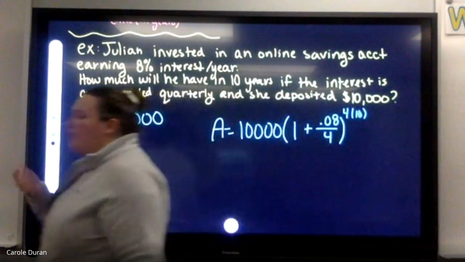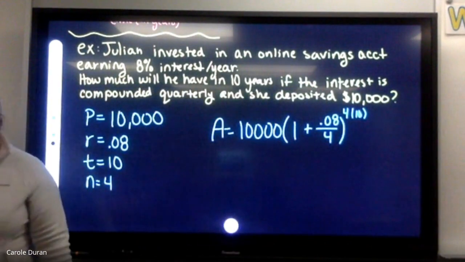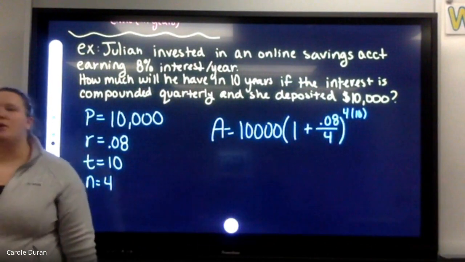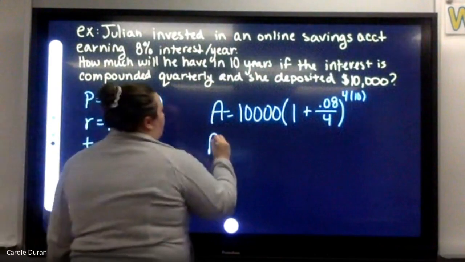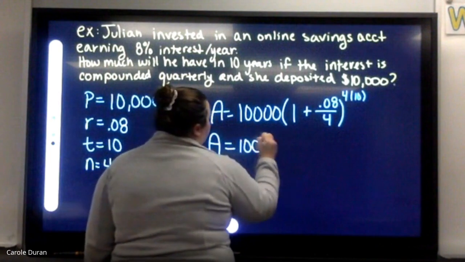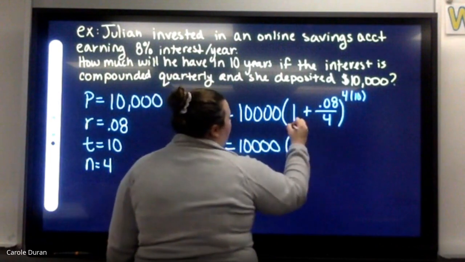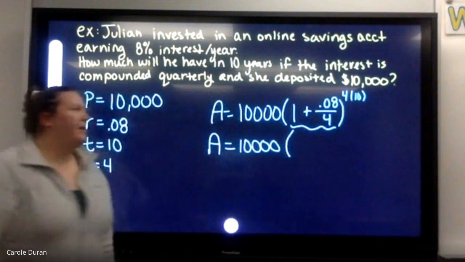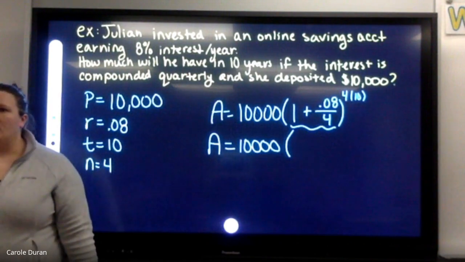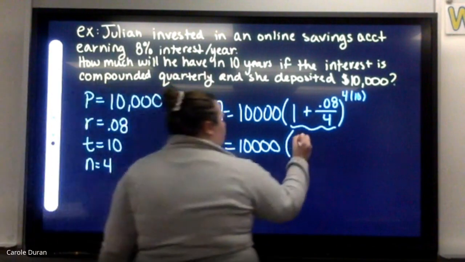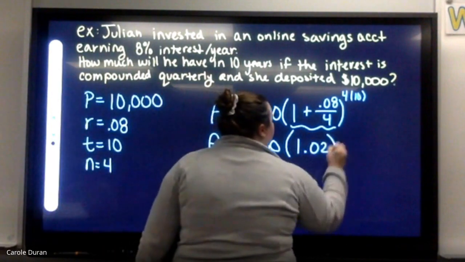Okay, so if you're gonna plug this into your calculator, you need to be really careful about how you're doing it. I prefer you simplify within the parentheses first. So we would want 10,000 times, I would simplify the 1 plus 0.08 divided by 4, which is gonna be 1.02 to the 40th power.